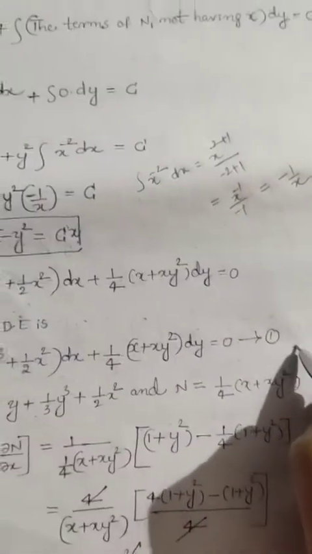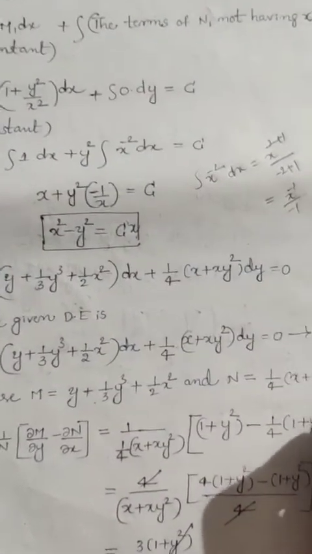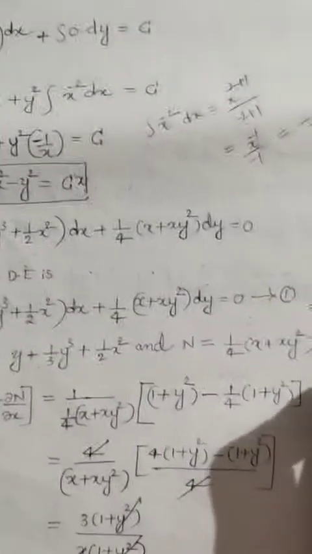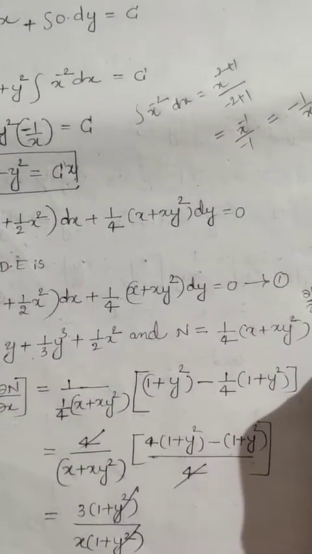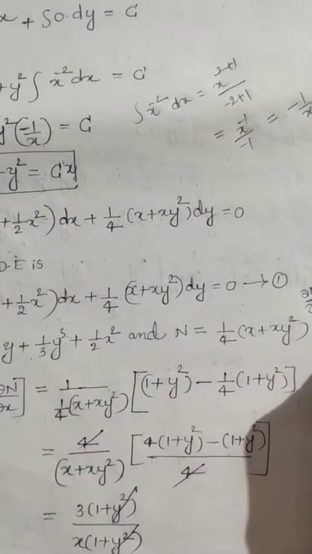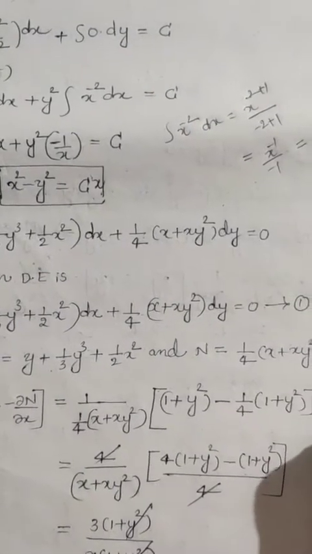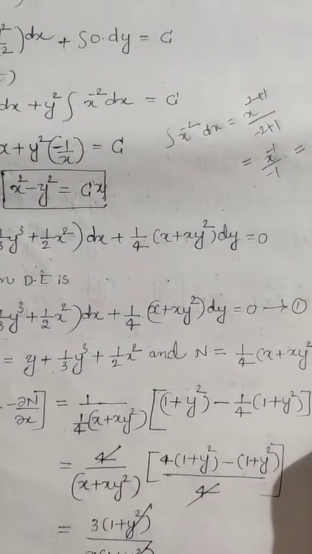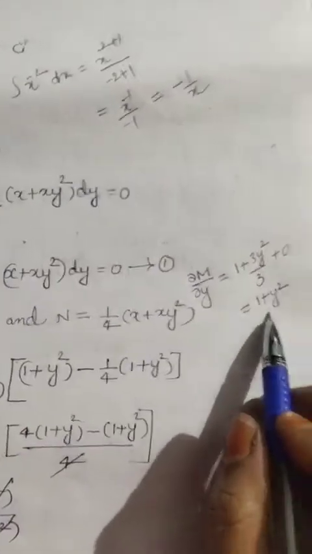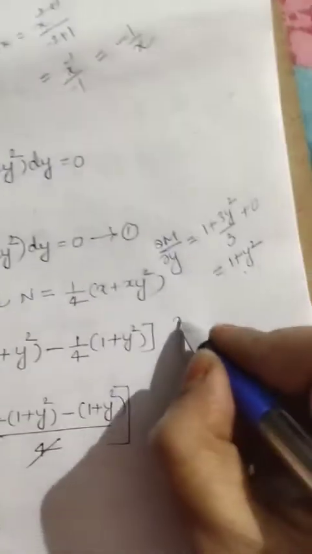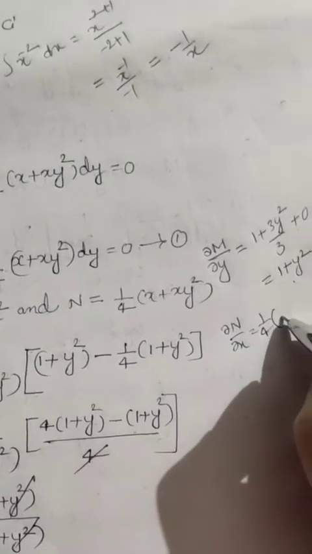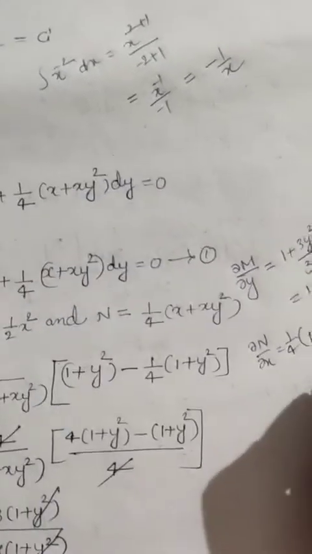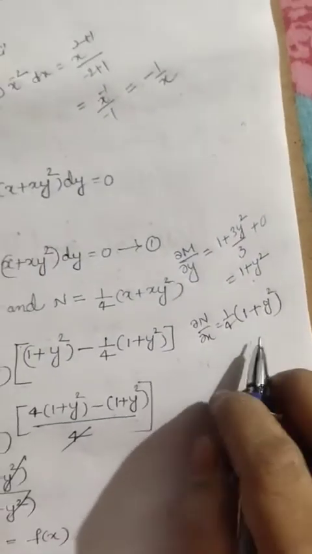So dou m by dou y is 1 plus 3y square by 3 plus 0, that is 1 plus y square. And dou n by dou x equals 1 by 4 common; differentiation of x is 1, y square constant, so 1 by 4 into 1 plus y square.